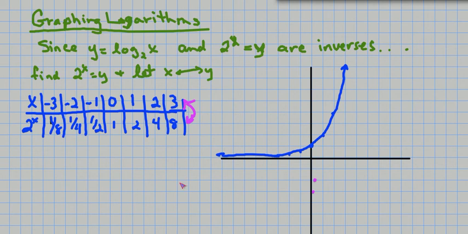When x is 1/2, y is negative 1. When x is 1, y is 0. When x is 2, y is 1. When x is 4, y is 2. And when x is 8, y is 3.